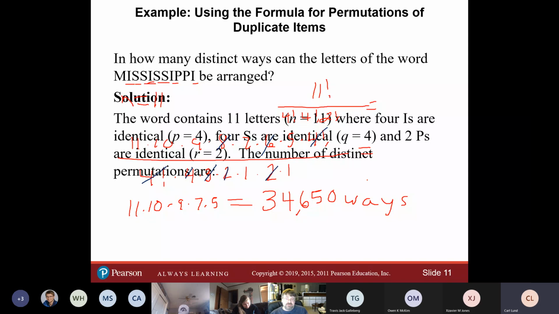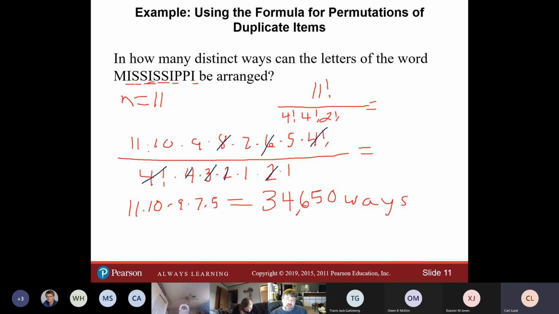Now, you don't have to cancel at all if you don't want to. You could just cancel the factorial and just multiply 11 times 10 times 9 times 8 times 7 times 6 times 5, and then divide that by 4 times 3 times 2 times 2, and you would have gotten the same answer.